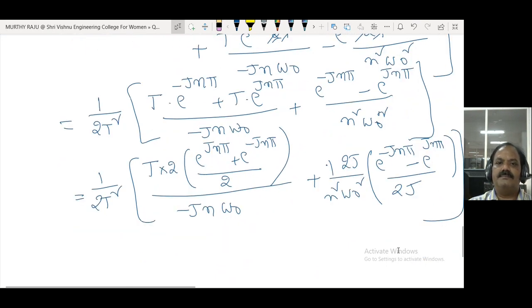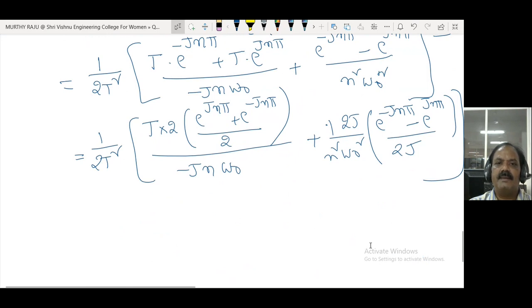That is equal to 1 by 2T square, 2T. Here e power jx plus e power minus jx by 2 is cos x.